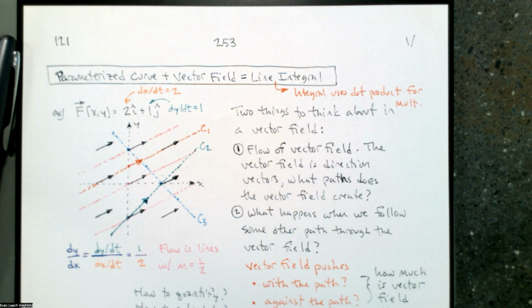So C3 will go through 0, 2 and have a slope of -1.